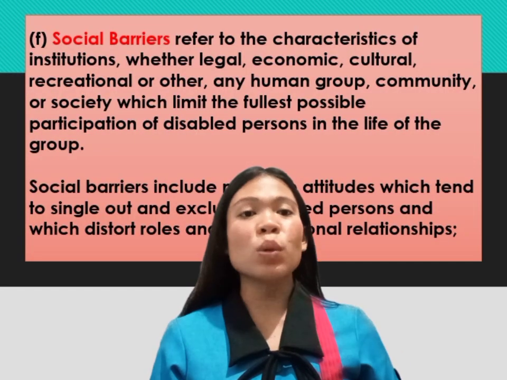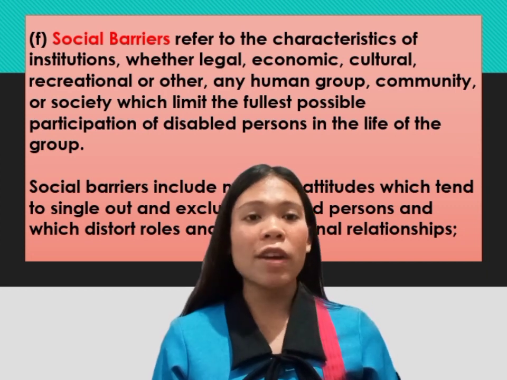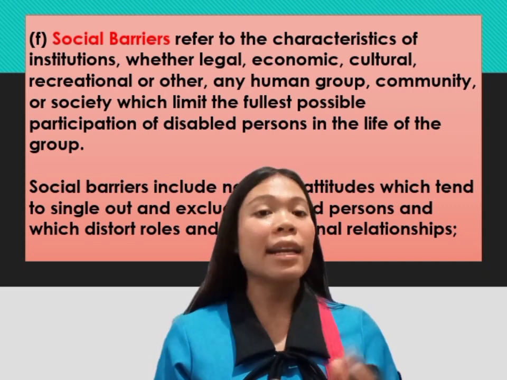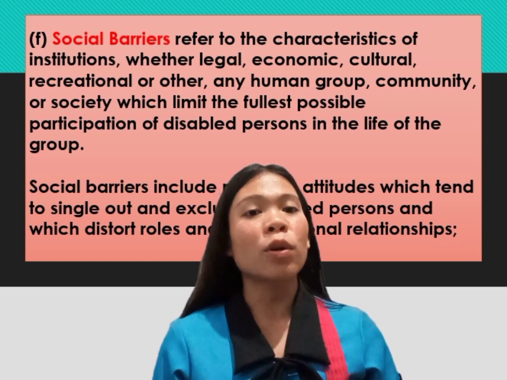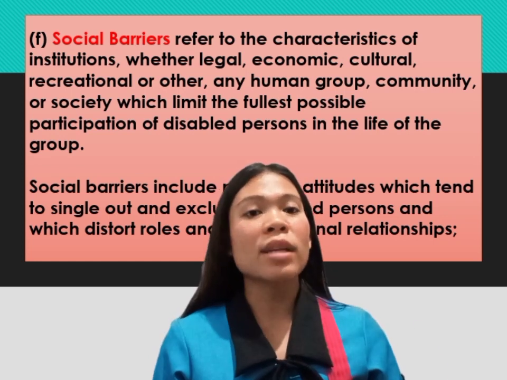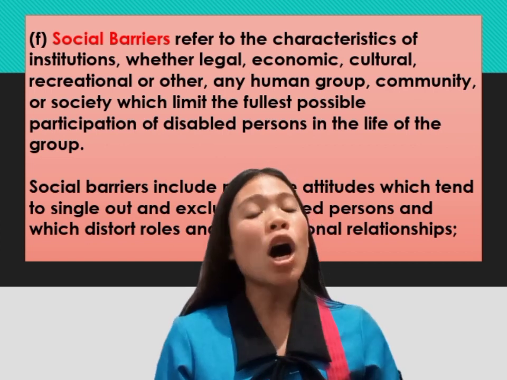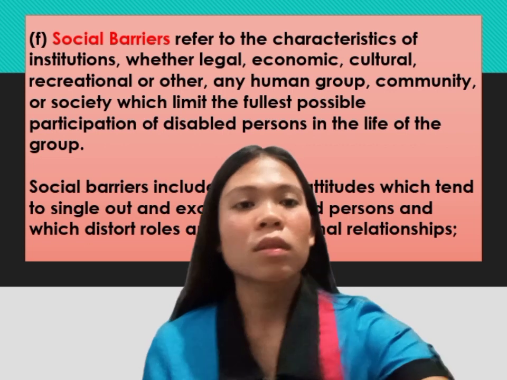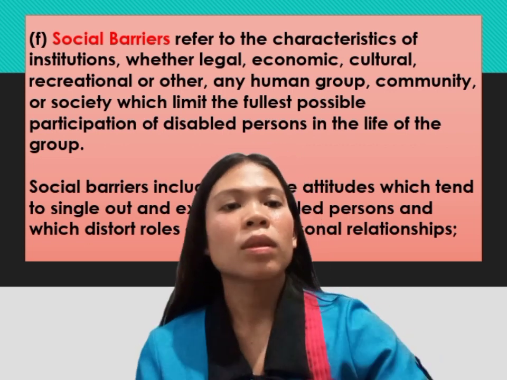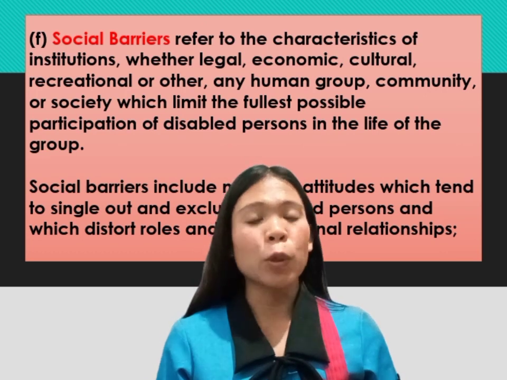Next one is social barriers. It refers to the characteristics of institutions, whether legal, economic, cultural, recreational, or any other human group, community, or society which limits the fullest possible participation of disabled persons in the life of the group.